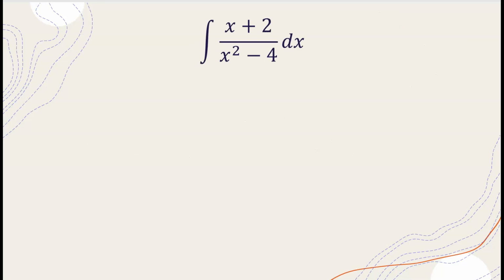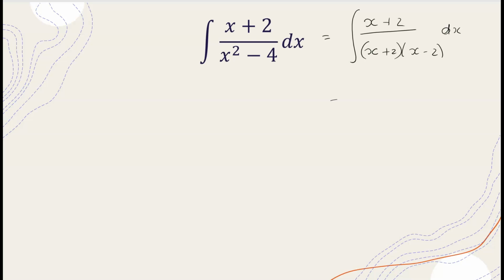This one though, it's not one of those. It's quite different. Top line, not the derivative of the bottom line. So maybe we just need to do some simplification first. Okay, so let's have a look. Can't do anything with the top line, but on the bottom line, yes we can. That's equal to x plus 2 times x minus 2.